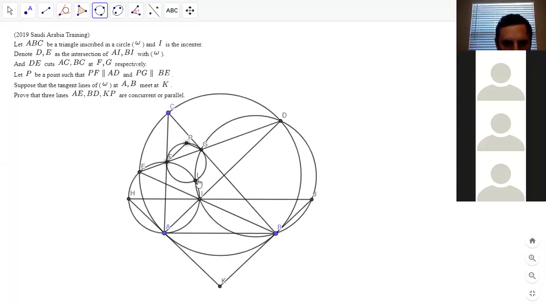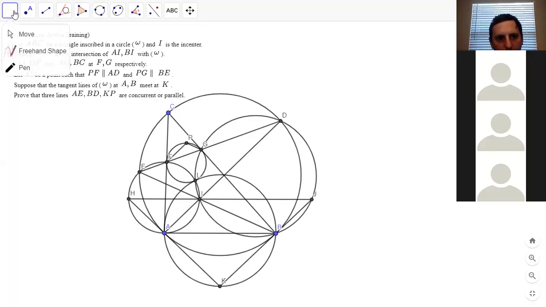And those two both can be angle chased, I think. And after that, I think it is just some more angle chasing to prove that those four points are collinear. Okay. But either way works.